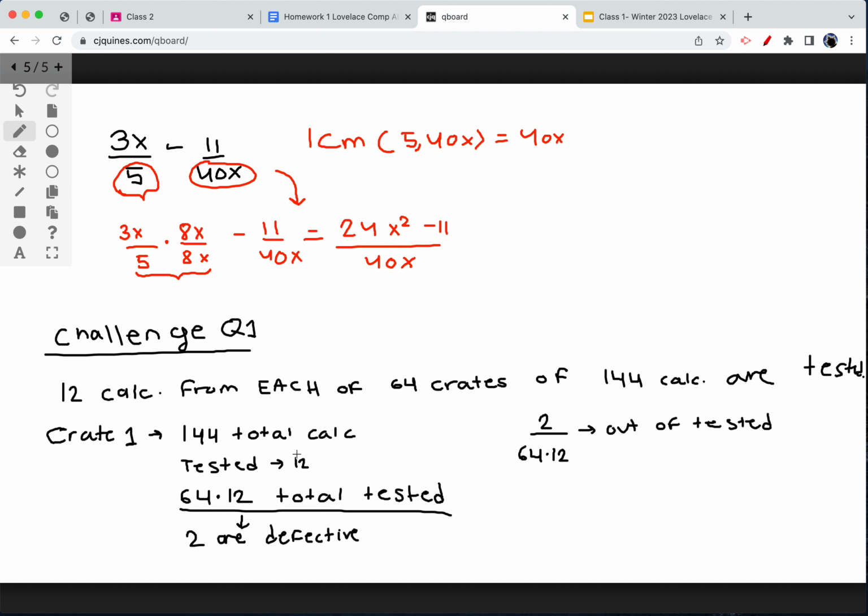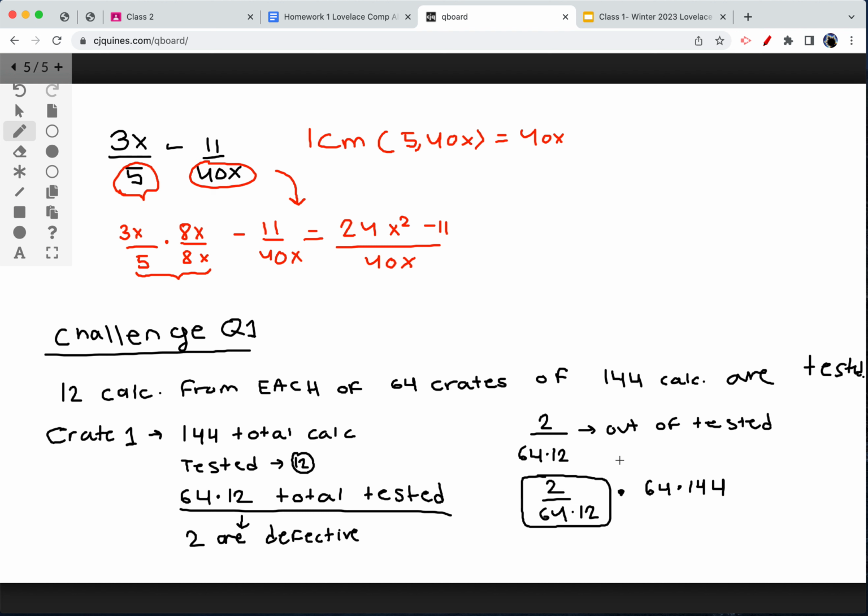So that means if we tested 12 calculators, then we have 12 times 12 equals 144 total. Or you can say that since this is the ratio of the number of defective calculators, we can just multiply this by the total number of calculators, which will be 64 times 144.